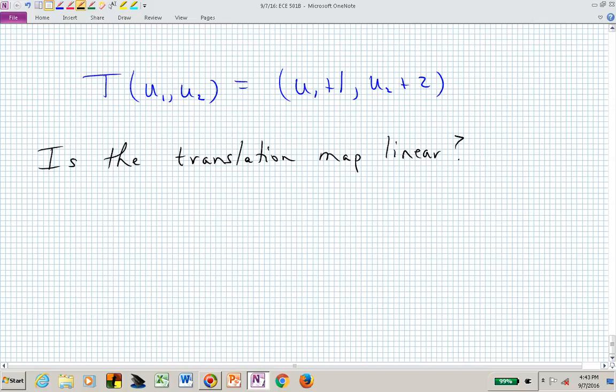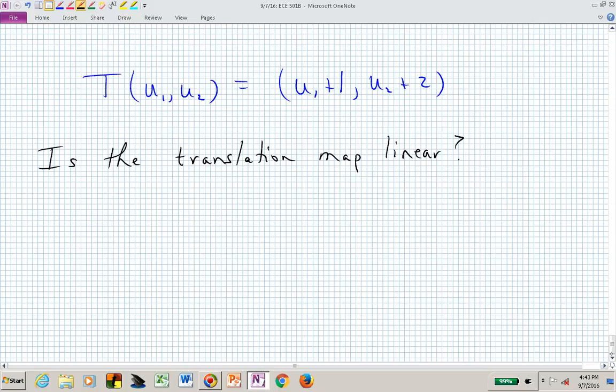Is this translation map linear? And now you're thinking, okay, additivity, homogeneity. Is it linear? All right. 1, 2, 3. Kind of have a mixed bag, don't we?